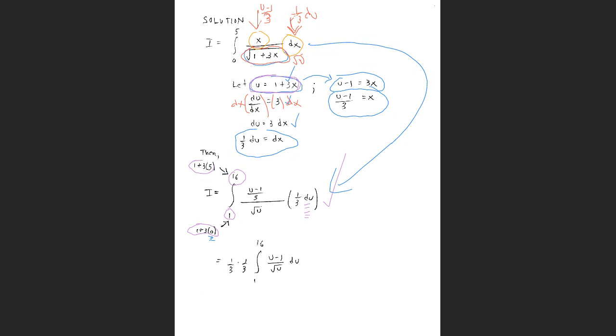Okay, so what I'm going to do is, under the 1, it's just 1 plus 3 times 0.